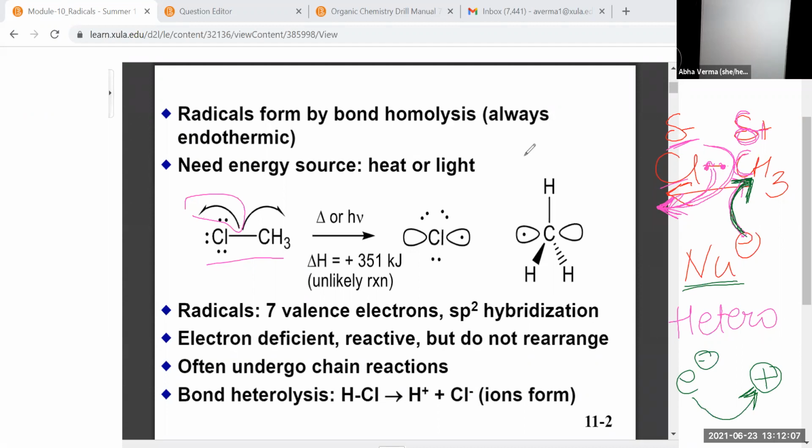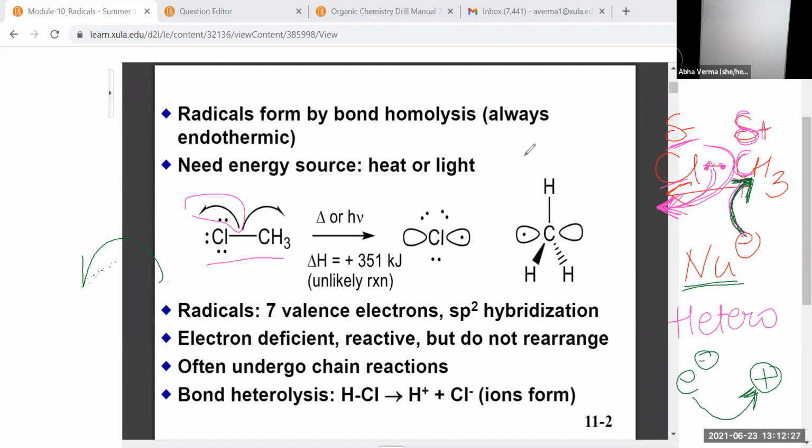But the arrows that we see for our radicals are half arrows. So I am not drawing this other part. This other part is missing in these arrows.